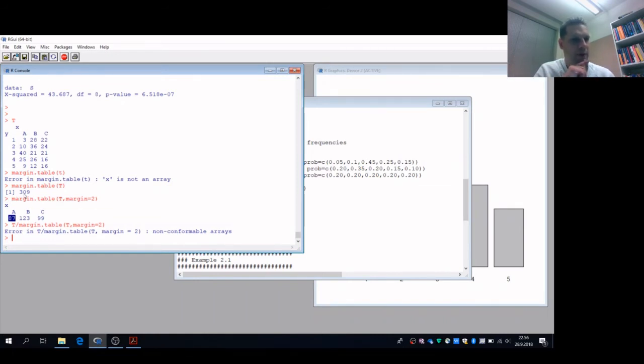And then classically the chi-square test is the statistical test to verify if there are really statistically significant differences in these conditional probabilities based on these observed conditional relative frequencies.